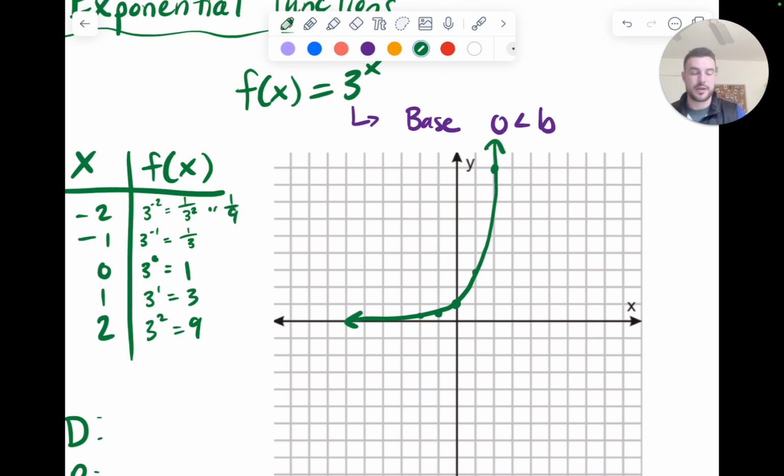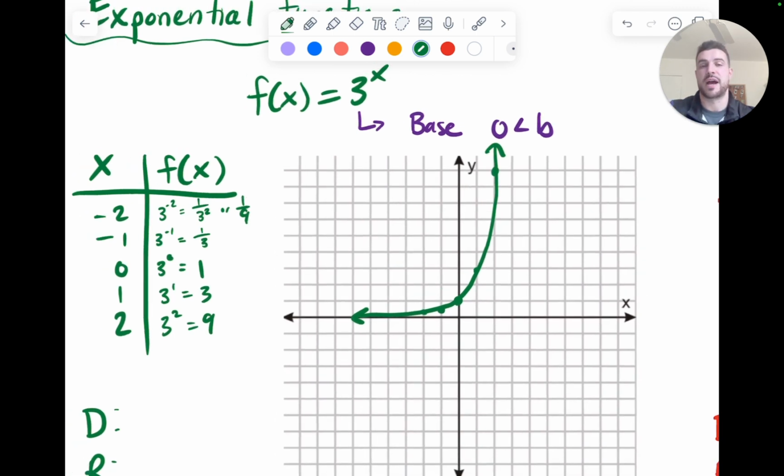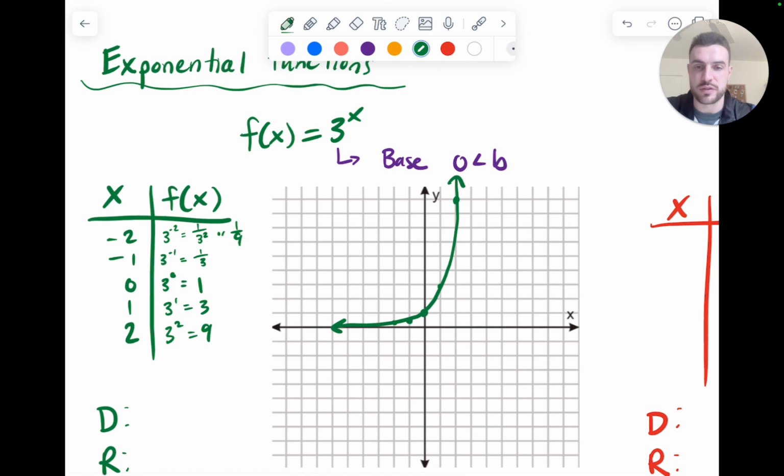One very important fact about exponential functions is they have what we call a horizontal asymptote. This one just happens to be at y equals 0.